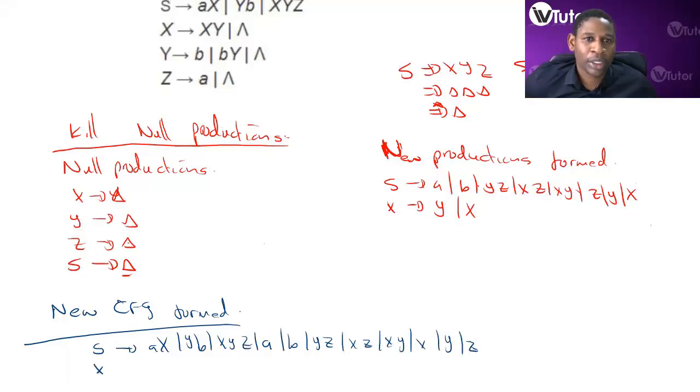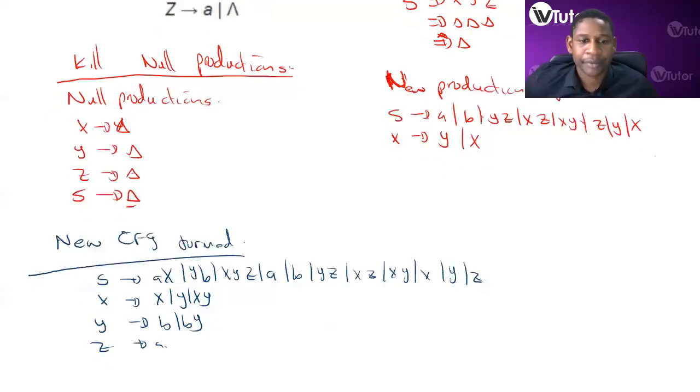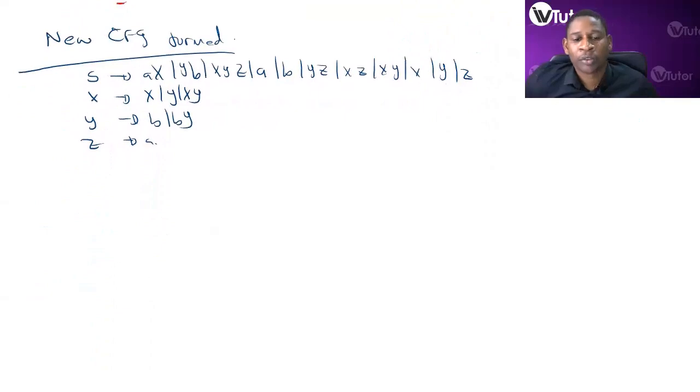Then we've got X going to XY, and XY. Then we've got Y going to B, BY, and Z going to A. So this is the new CFG formed as a result of removing null productions. Now killing unit productions.